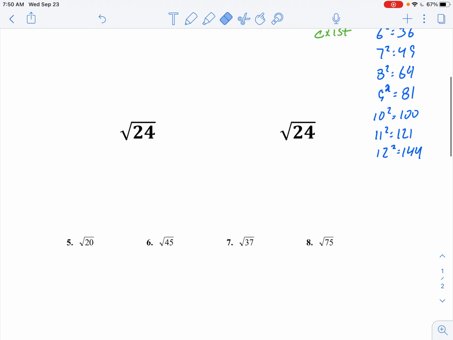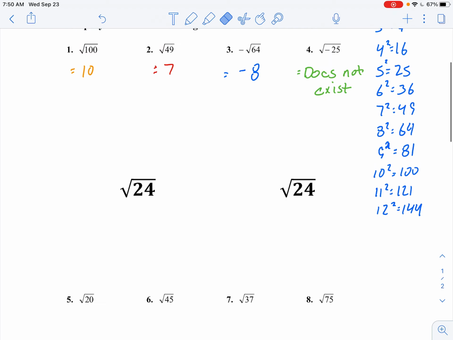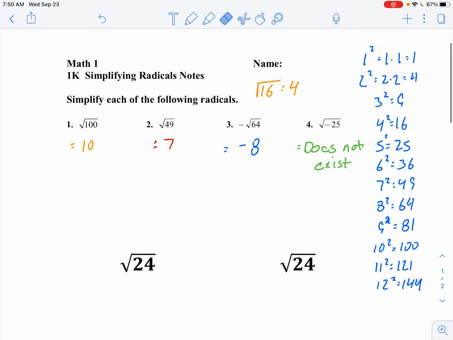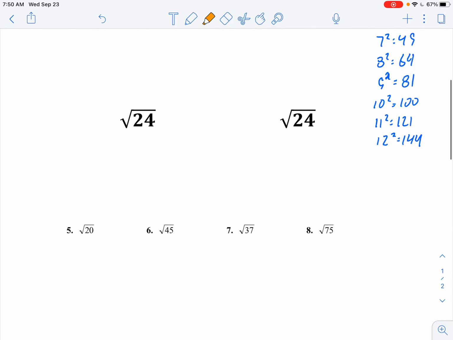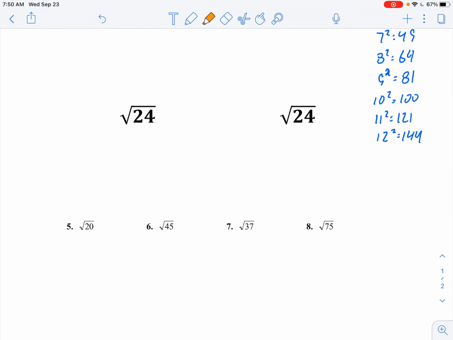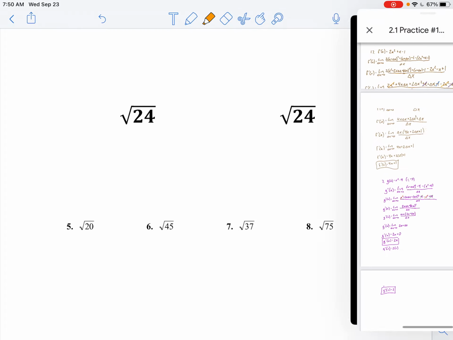Now, what about the square root of 24? Let's see, if I look at my list over here, 24 is nowhere on the right-hand side. It's somewhere between 16 and 25, so the square root would be between 4 and 5, but closer to 5. So we're going to look at a different way to simplify this expression.